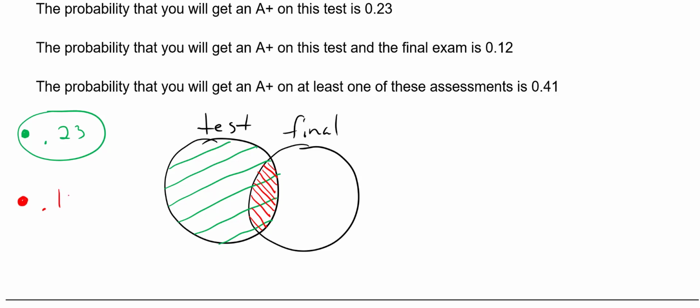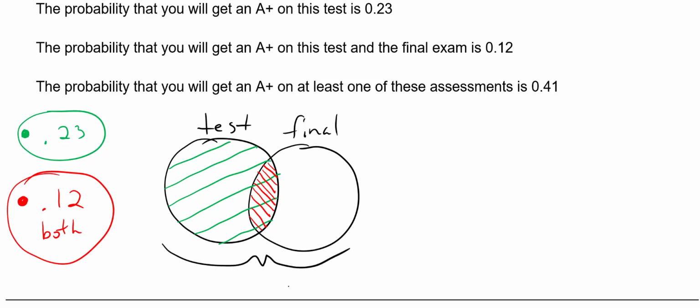That's going to be 0.12, and this is both. All right, and then it says the probability you get an A plus on at least one of these assessments. So it could be one or the other or both. So really, that encompasses the whole thing. This is 0.41 on all of it.